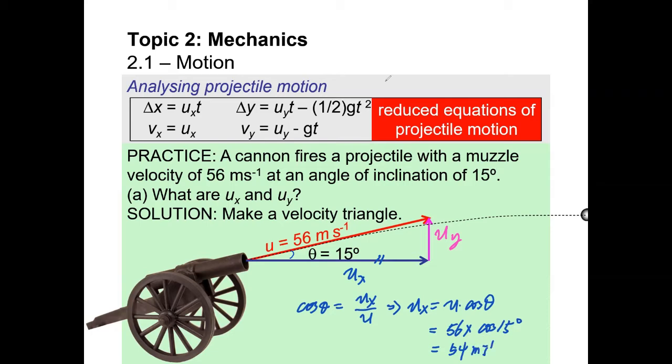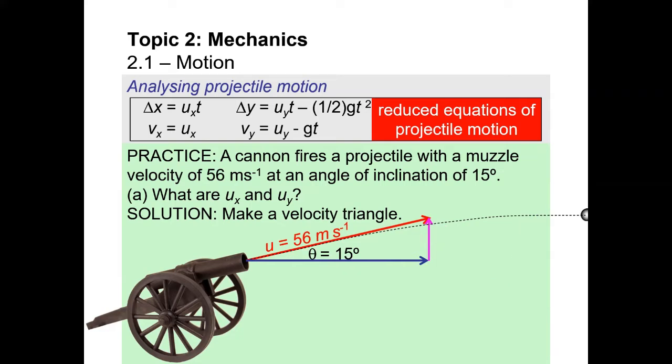Y component is opposite. That is sine theta, which equals Uy over U. And Uy equals U times sine theta, which equals 56 times sine 15 degrees. That gives us 15 meters per second.